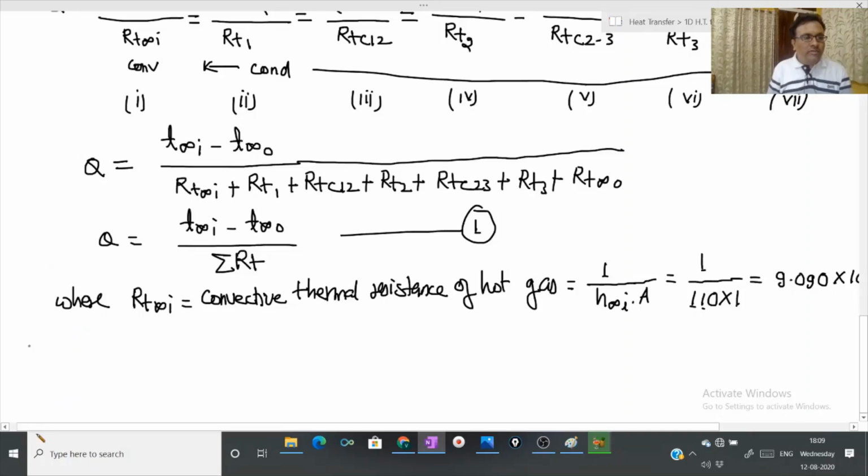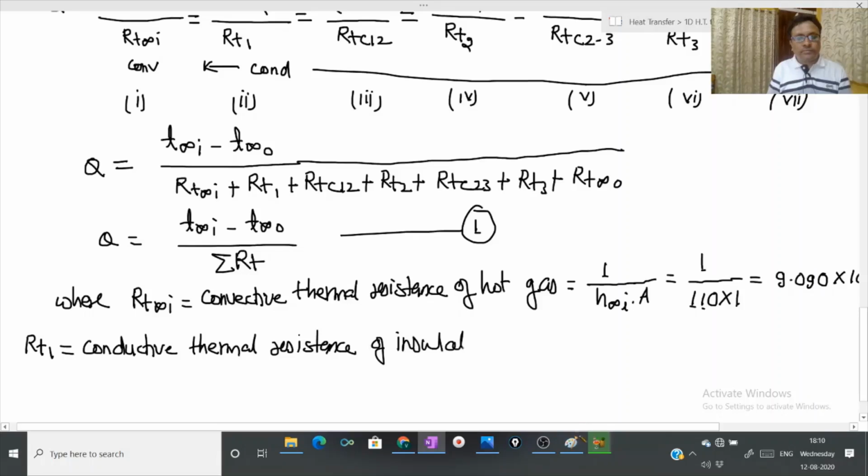Then RT1, this is conductive thermal resistance of insulation, and it can be given by L1 over K1A.